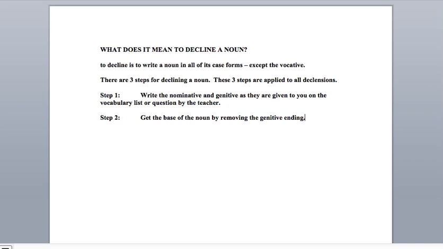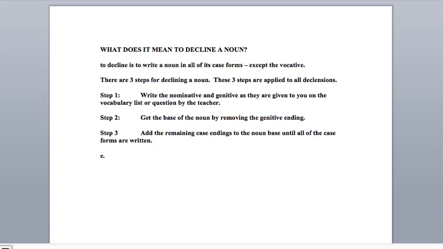So if we're dealing with first declension nouns, the genitive ending is ae, and the base for that noun would be all of the letters that are left over when you remove the ae. Step 3 would be to add the remaining case endings to the noun base until all of the case forms are written.